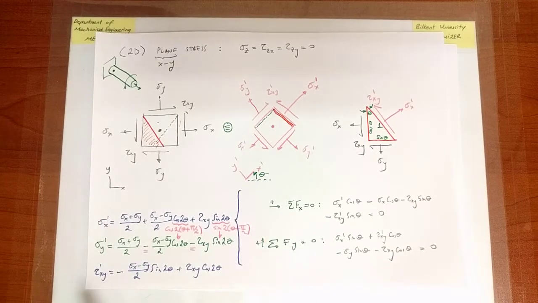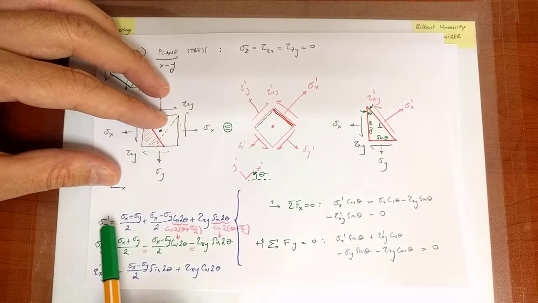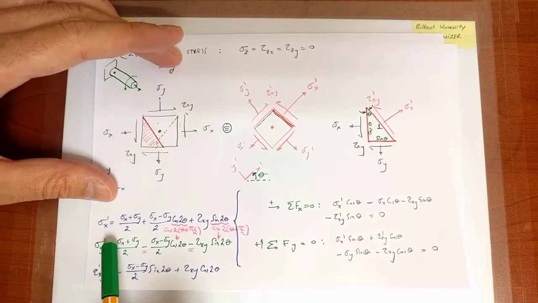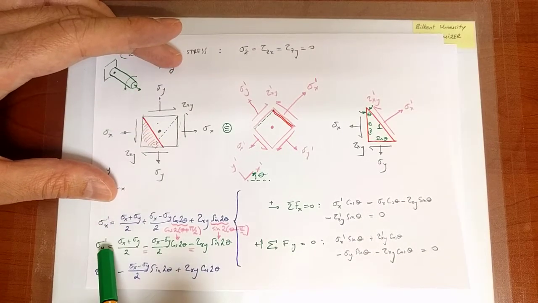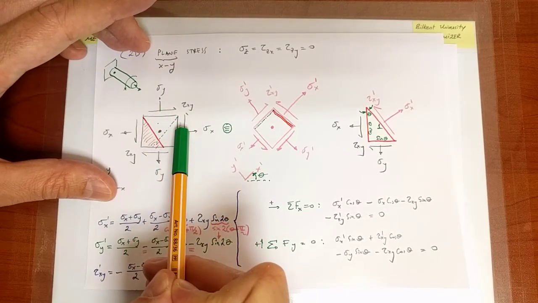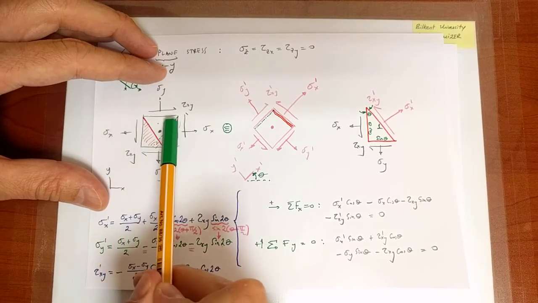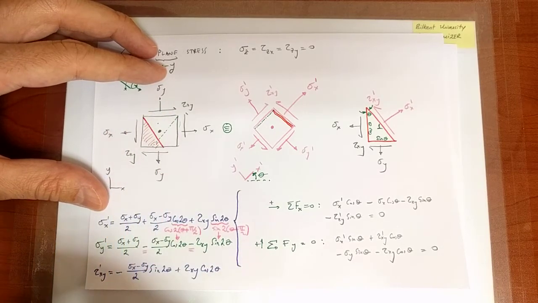So now, let's go back to the question of searching all those orientations and finding the largest value that I can possibly find. If we want to do that rigorously, we can just do an extremum analysis, and that's what we are going to do. We'll start with the normal stress. Notice that x prime and y prime, and for that matter x and y, just differ by an angle of pi over 2, or from now on, in degrees, 90 degrees.